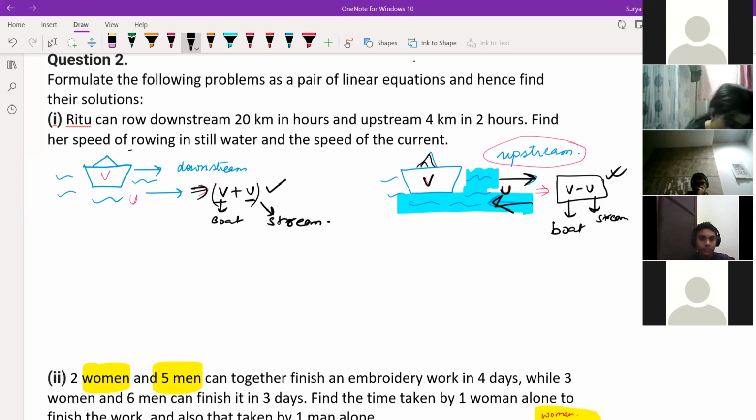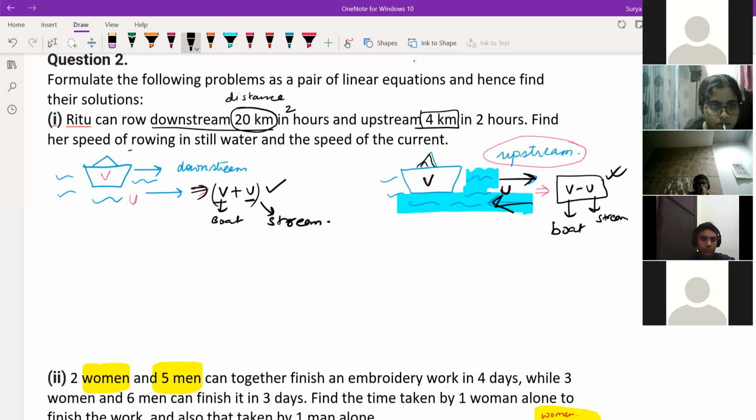Now Rutu can row downstream 20 kilometers. So this is the distance given over here, and upstream 4 kilometers. In how many hours? 2 hours is given, check.